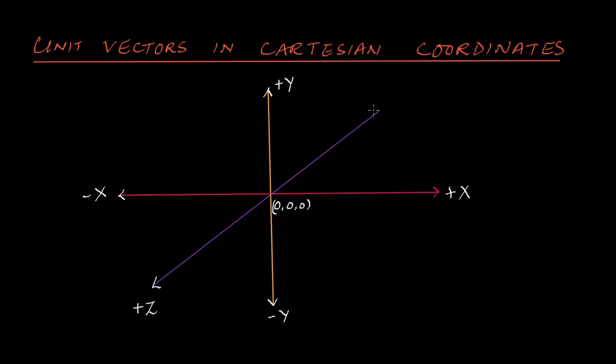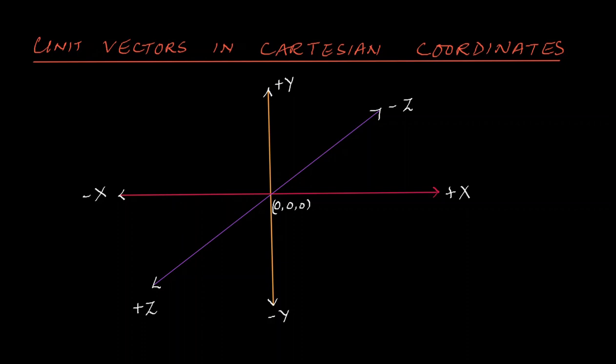If you go perpendicularly inward, this will be minus z-axis. Since these Cartesian axes have direction, they can be represented by unit vectors. Remember, unit vectors represent the direction.